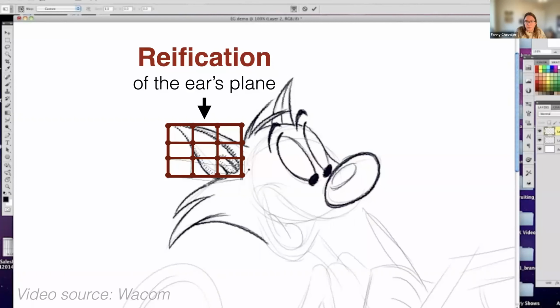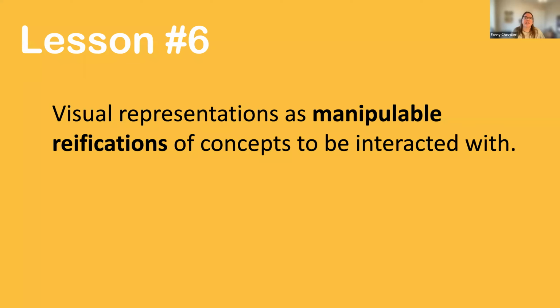Designing the proper visual representation for this is not always straightforward, but it's super, super powerful. So visual representations are powerful when they act as manipulable reifications of concepts to be interacted with. You have a concept, you make it visible, and you make it directly manipulable.